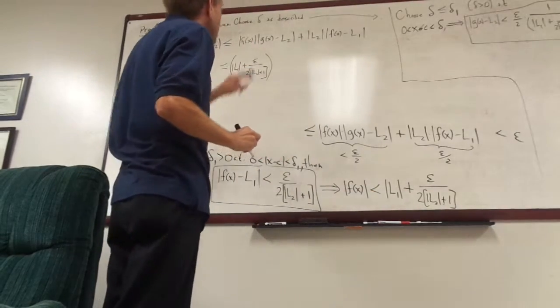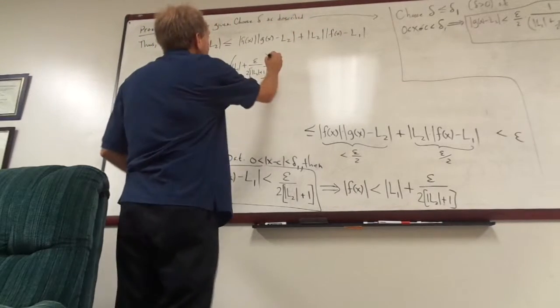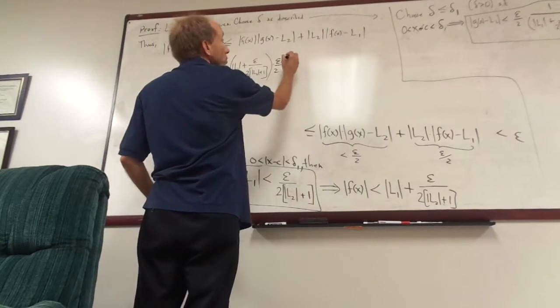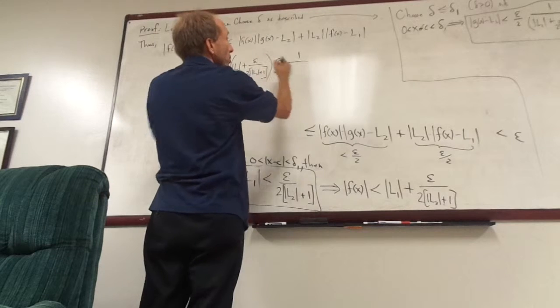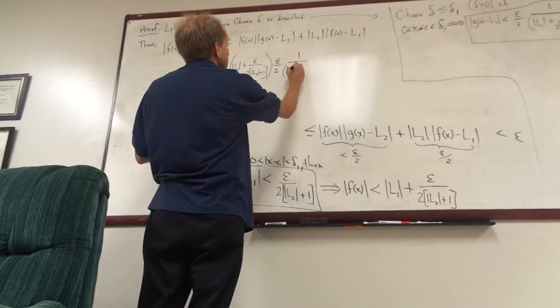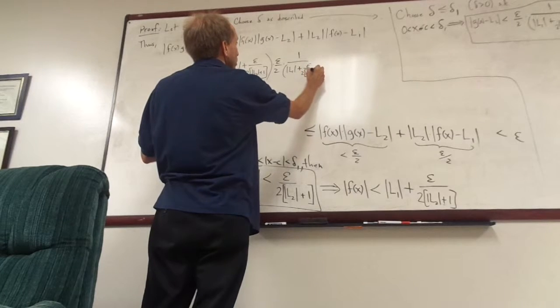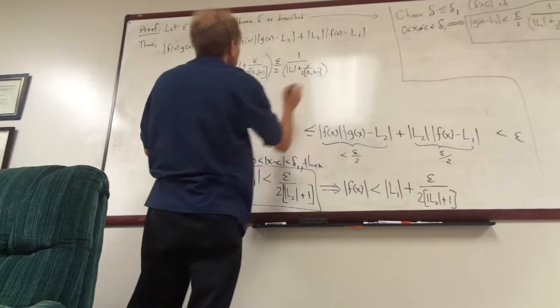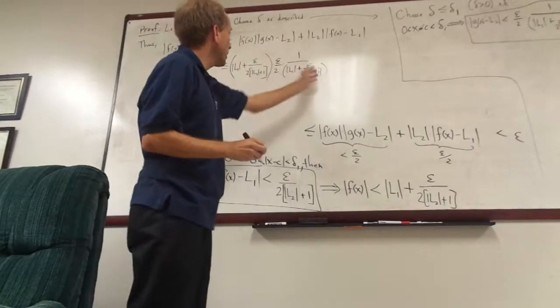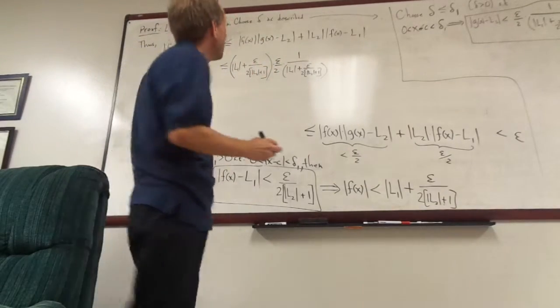And then times the absolute value of g of x minus L2, which is less than epsilon over 2 times 1 over this whole thing right here, you see. So absolute L1 plus epsilon over 2 times absolute L2 plus 1, right? So obviously those are going to cancel and leave you with epsilon over 2 there, okay?